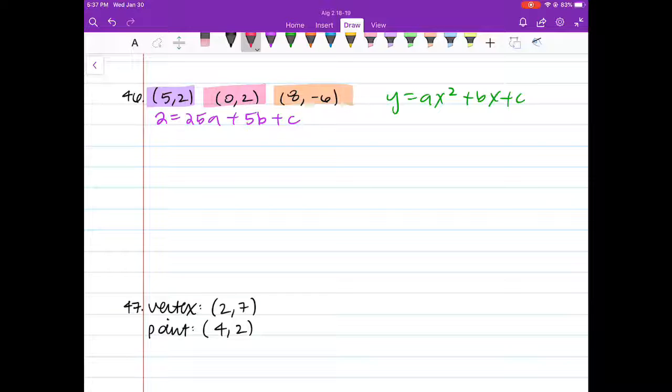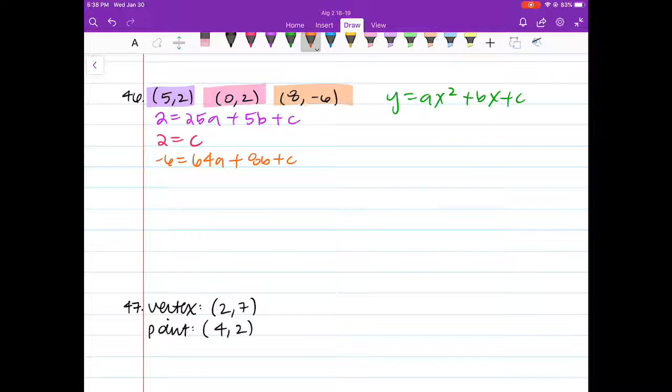Plugging in my second ordered pair, I have 2 equals 0a, 0b, and then c. Oh, good. That means that 2 is c. Lastly, plugging in my last ordered pair, negative 6 equals 64a plus 8b plus c.